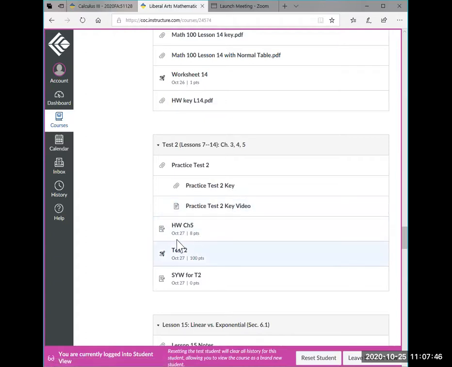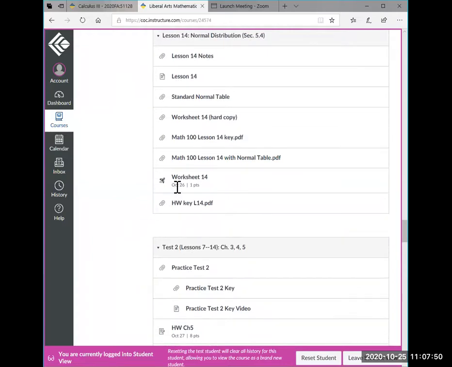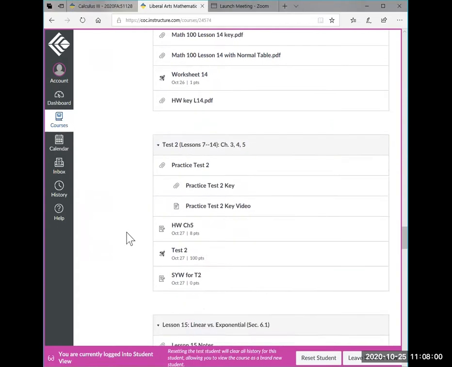And then homework is going to be due. All right, let me go back and do one more thing. Tomorrow is October 26th. And as always, these worksheets are due on the following Monday. So tomorrow, this online worksheet 14 is due by the end of tomorrow. Typically, I also have you turn in your homework for the chapter that we have just finished.